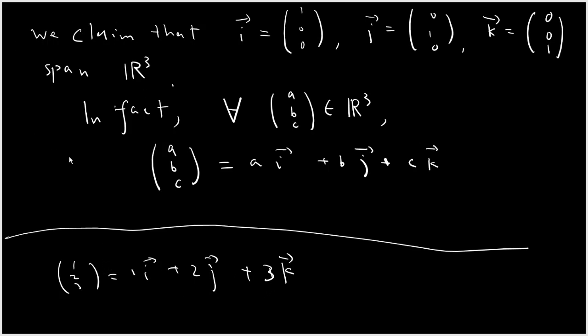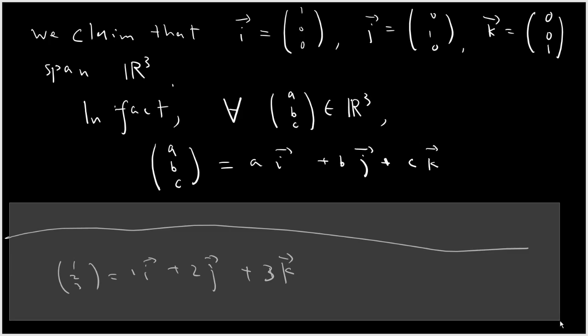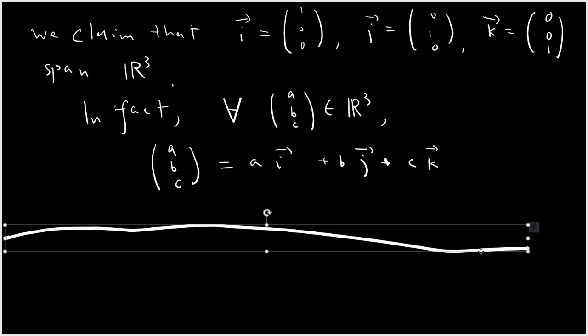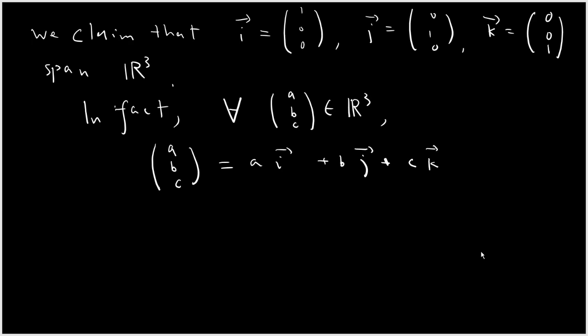But in order to say the three vectors span R3, you have to show every vector is a linear combination of i, j and k. You have no other choices; you can use some A, B, C or X, Y, Z. It doesn't matter. I meant the notation does not matter.